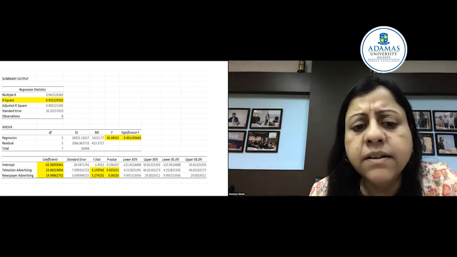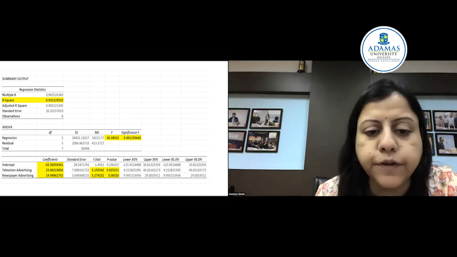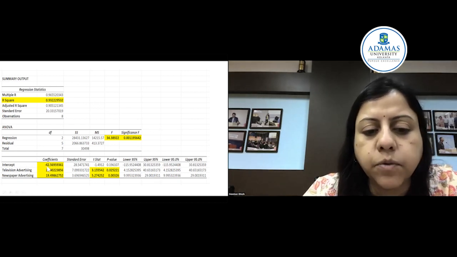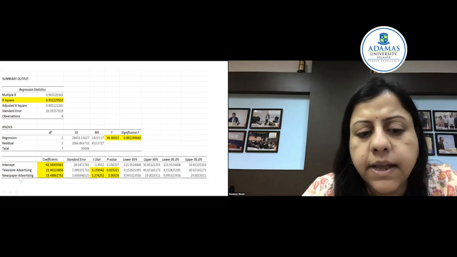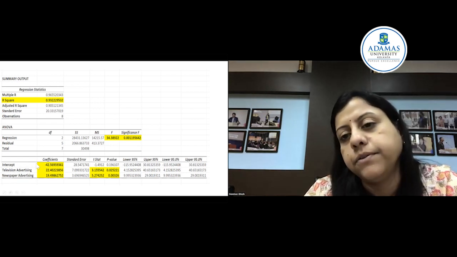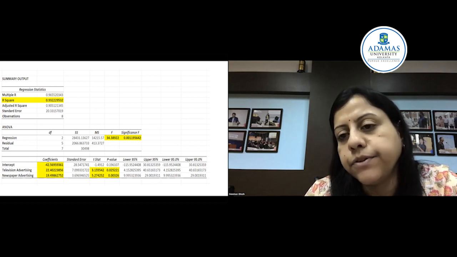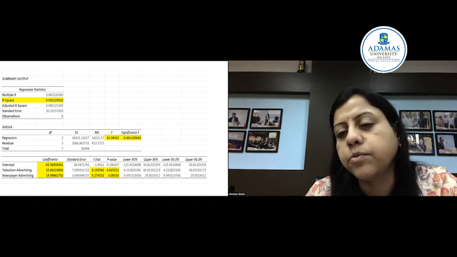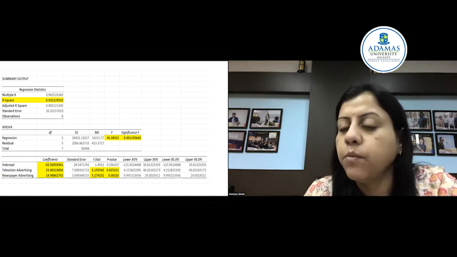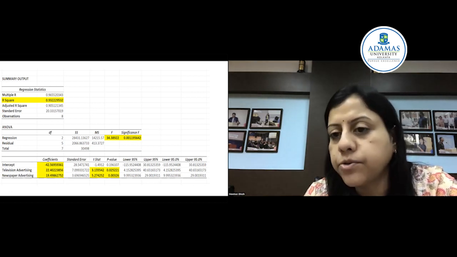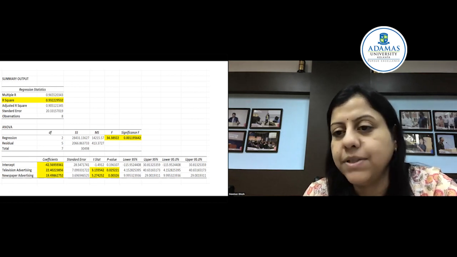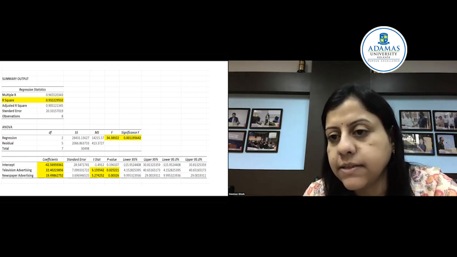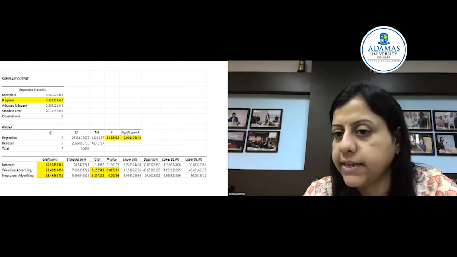Now, the coefficient table, first let's go to the third table, the coefficient table. From here, I can actually tell you the regression equation. So my regression equation will be y is equal to b0 plus b1 x1 plus b2 x2. Why b1 x1 and b2 x2? Because I have 2 independent variables. X1 is television advertising and x2 is newspaper advertising.